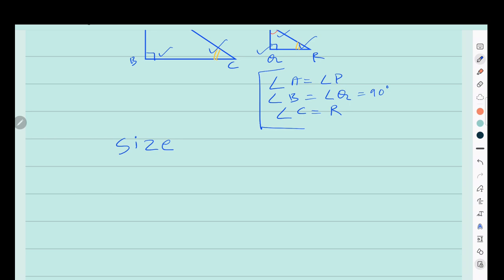One is size and another is shape. So in the case of triangles, how will it turn out to be? For example, if these are two triangles, it is not exactly the same, but let us assume that it is the same.